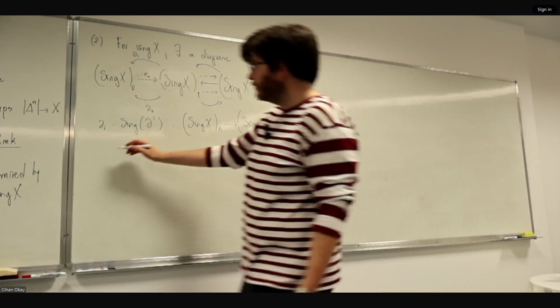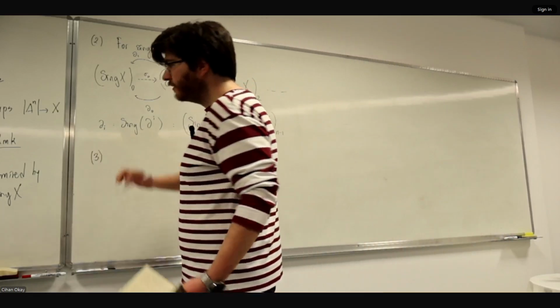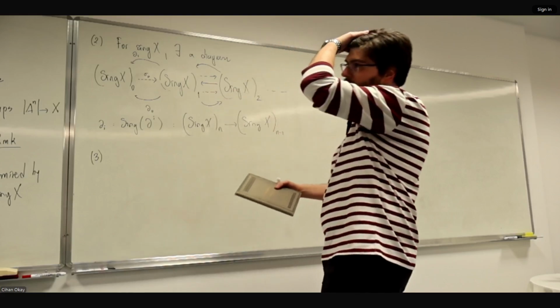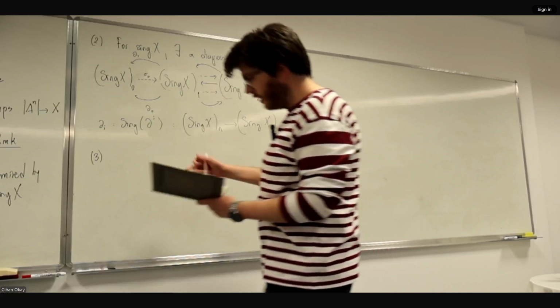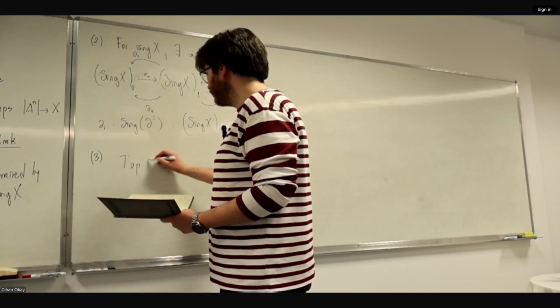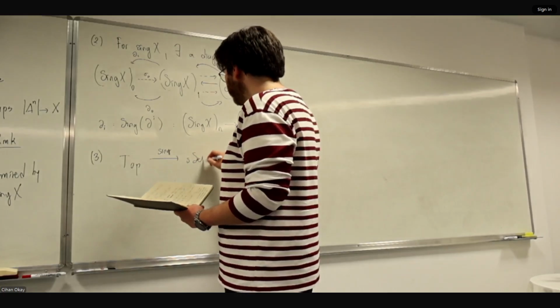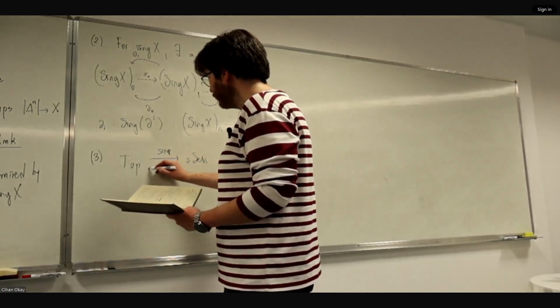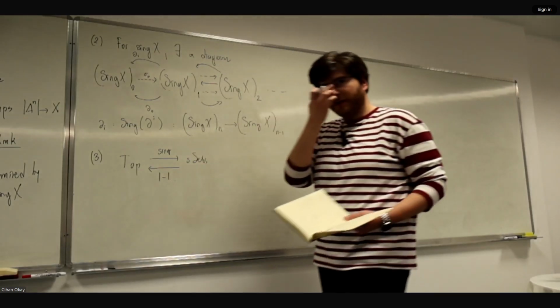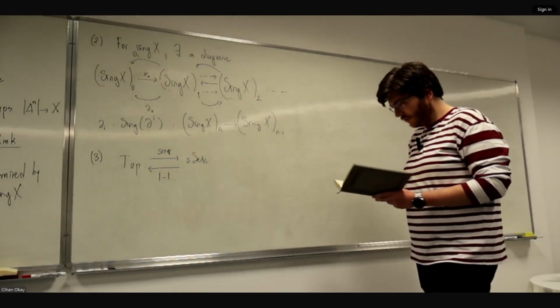And what is special about this diagram? Actually, we have a nice fact. We have an adjunction between topological spaces, by using this functor, and simplicial sets. And we also have another map in this direction, geometric realization.